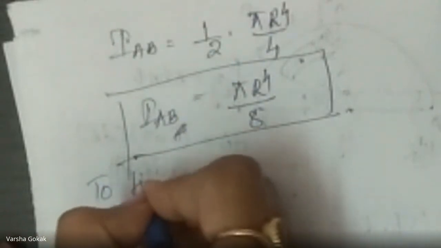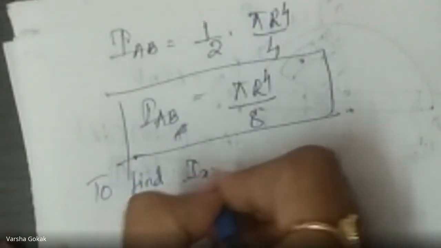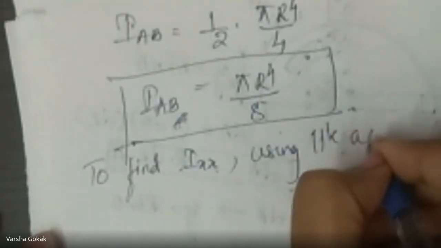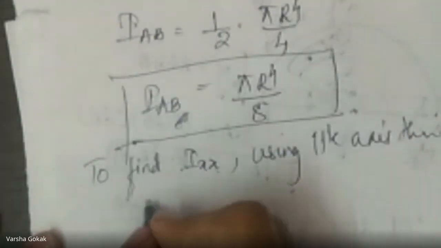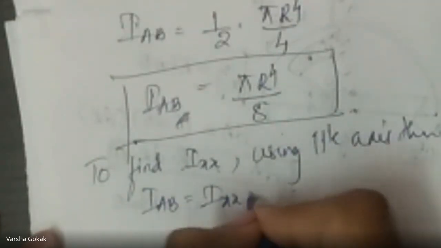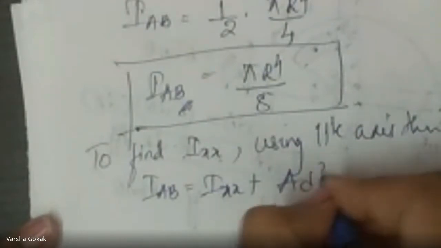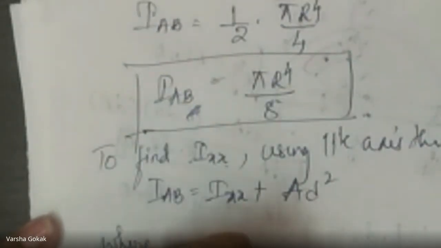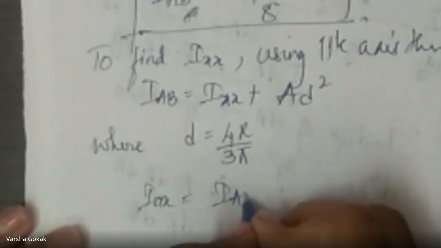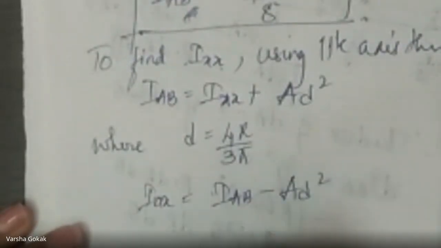So to find the moment of inertia about IXX using the parallel axis theorem, IAB is going to be equal to IXX plus AD square, where what is the D value now? D is going to be equal to 4r by 3 pi. Substitute. So IXX is going to be equal to IAB minus AD square.